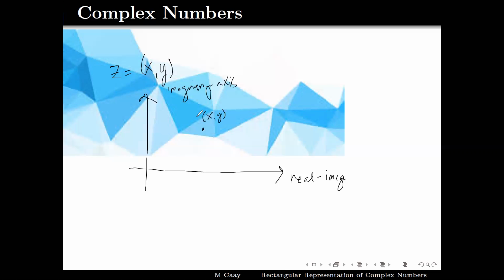So this is our z here. This is actually a rectangular representation of the distance from the origin to here, because this is our x and this is our y.